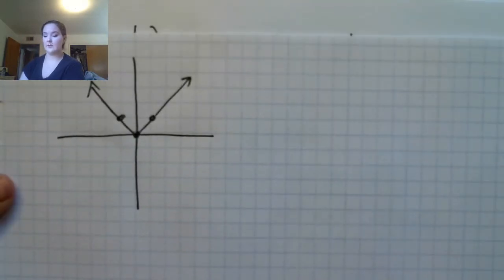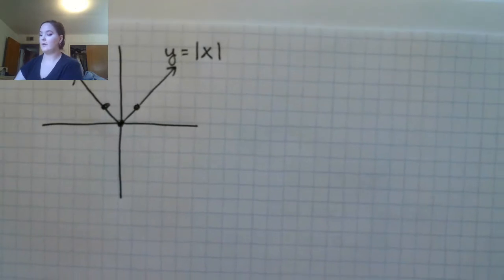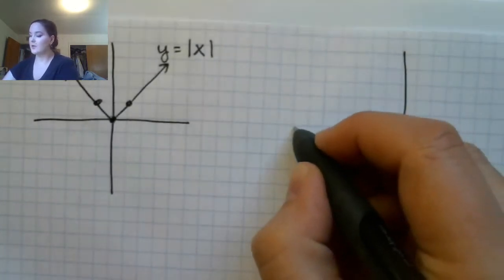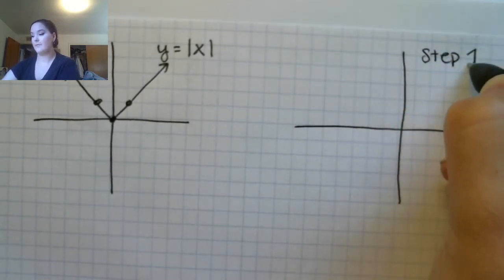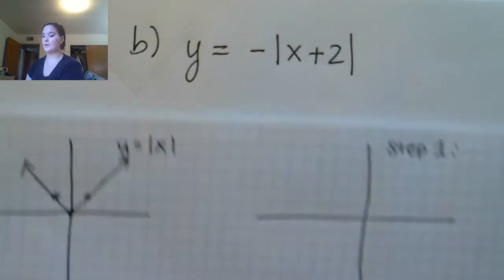So this is our base graph, y equals absolute value x. Then we're going to look at our first transformation, which was left 2.